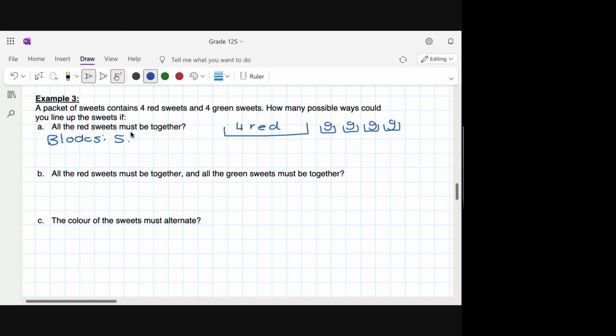I'm going to have 5 blocks. Within my red block, I'm going to have 4. And then I could go and say 1 factorial, 1 factorial, 1 factorial, 1 with all the greens, but that would be wasting my time. So I'm going to go say 5 factorial times 4 factorial, and that's going to give me 2,880.